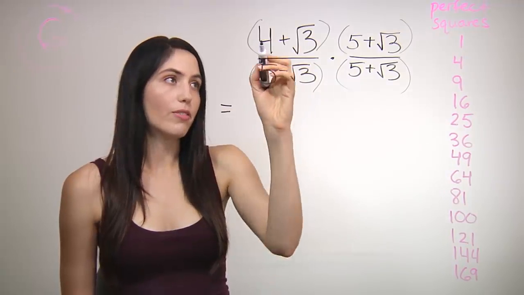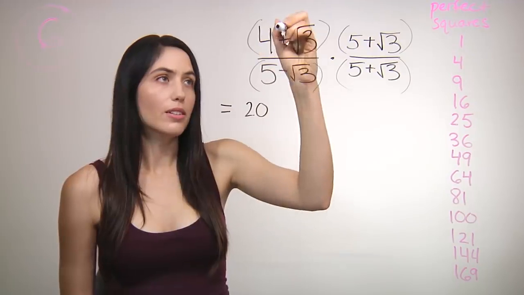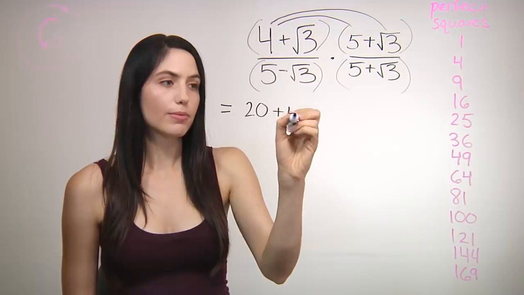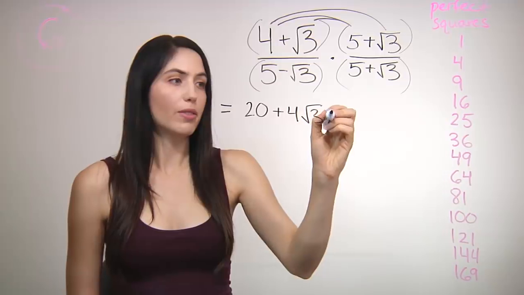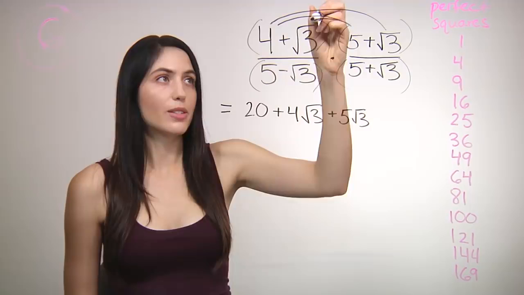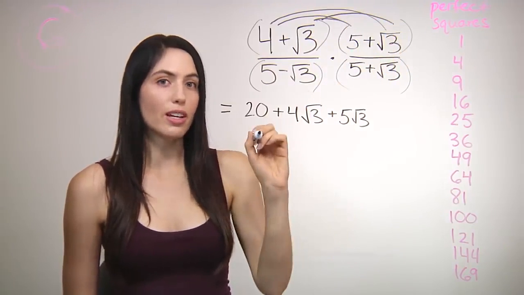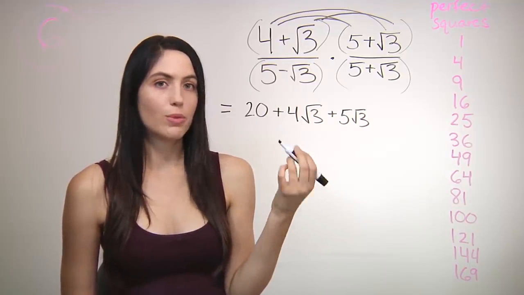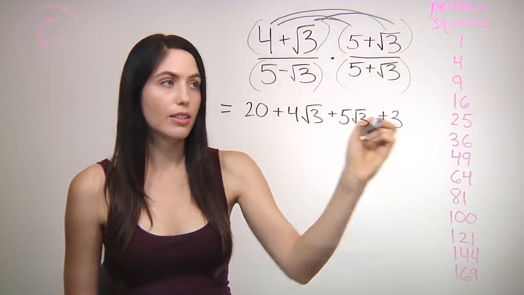So you get 4 times 5, which is 20, plus 4 times root 3, which is 4 root 3, plus root 3 times 5, which is 5 root 3, plus root 3 times root 3, which is just 3. Those root symbols basically cancel. Root 3 times root 3 is just 3. So we have plus 3.